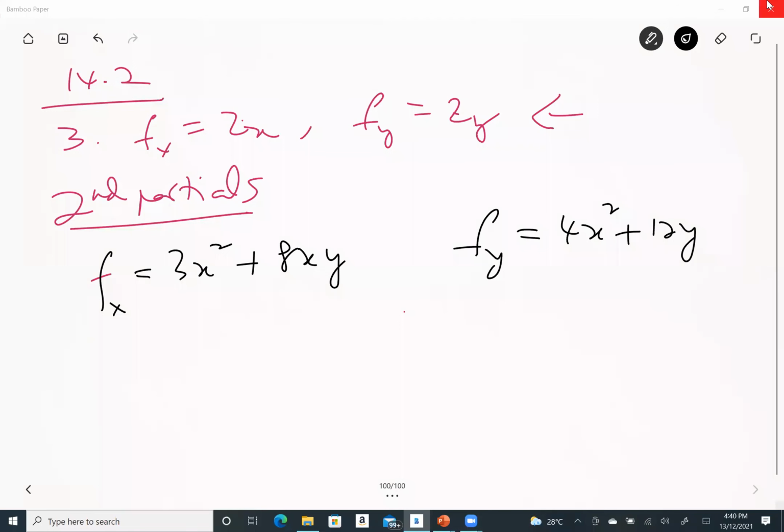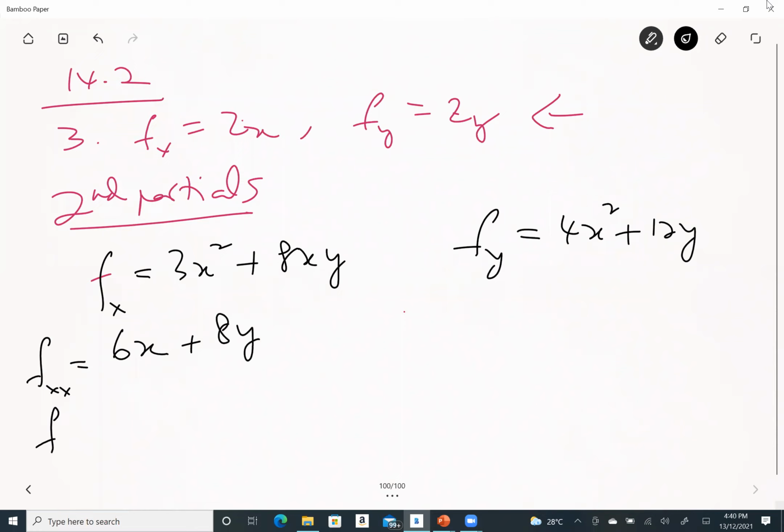You do the second partials. I have fxx, take the derivative of fx with respect to x, y constant. So there will be 6x plus 8y. Is that right? 6x, 8y. Y is a constant, x is differentiated.